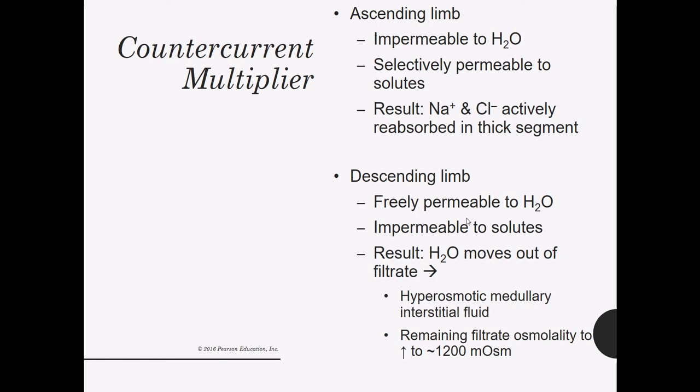So water moves out of the descending limb into that higher-concentration interstitial fluid. And so we get this really, really salty interstitial fluid that gets multiplied the further along we go in the loop.